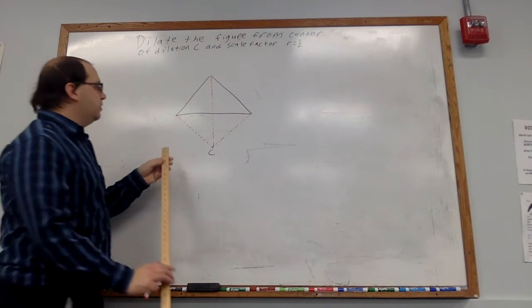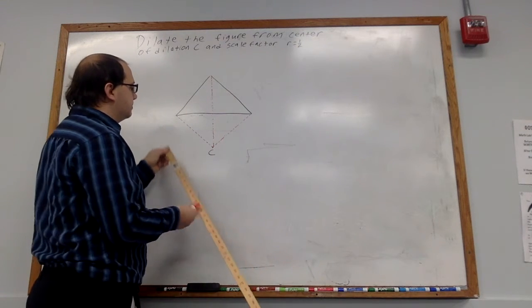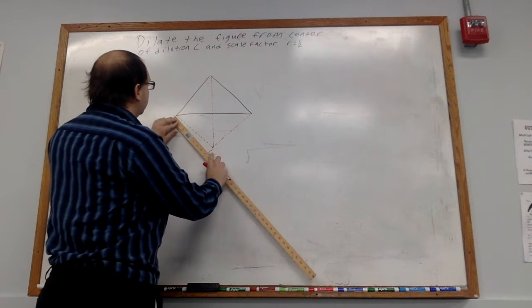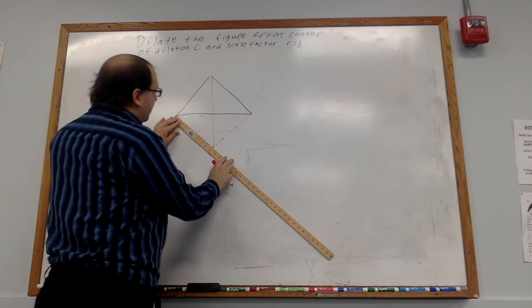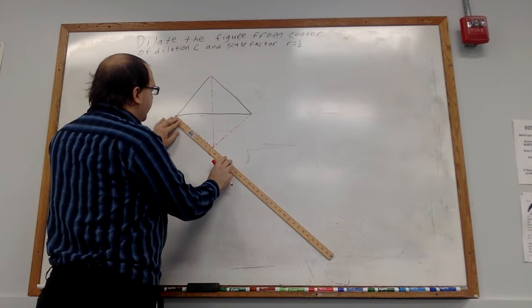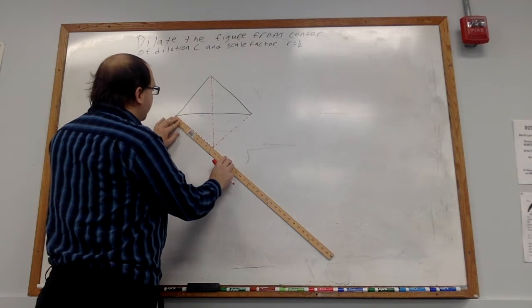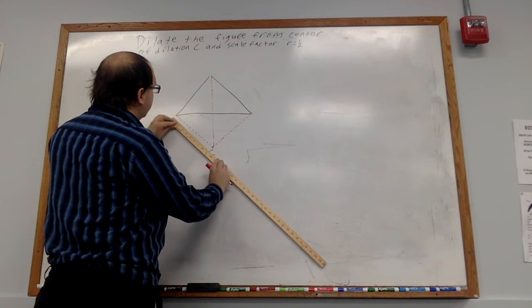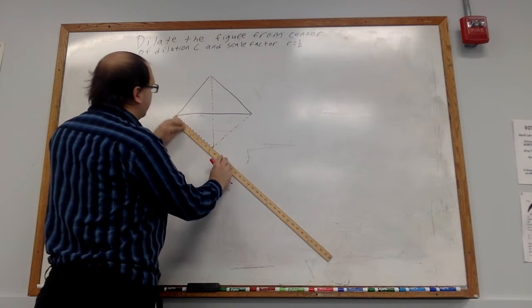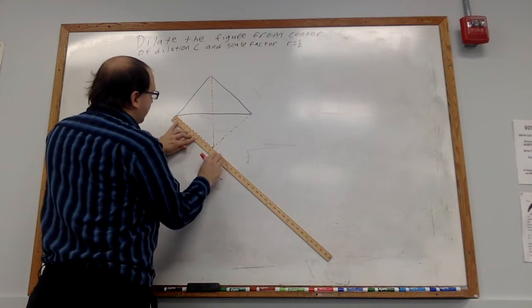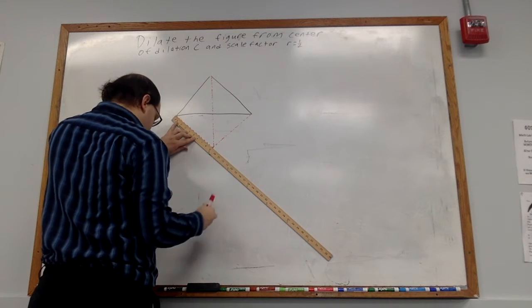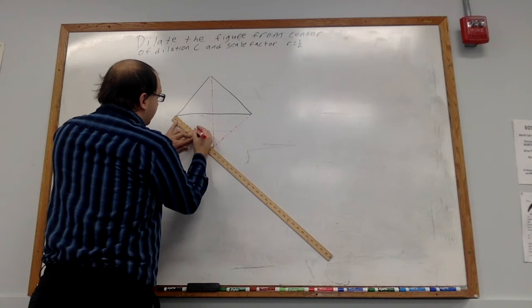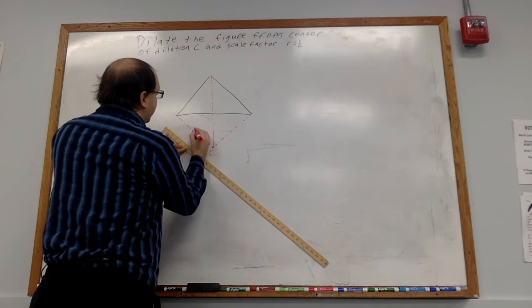So what you do is you take your ruler and this line happens to be 9 inches, so we would find 4.5 inches, which is halfway, so you want to find halfway, and you make a point.